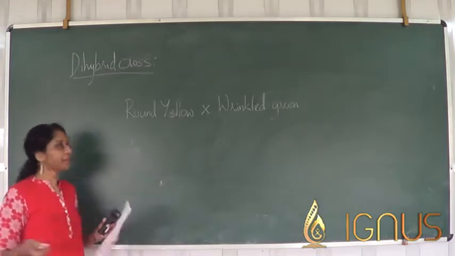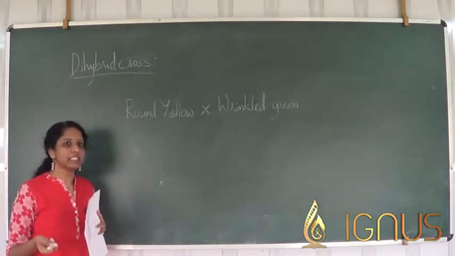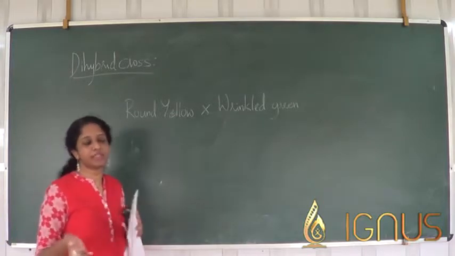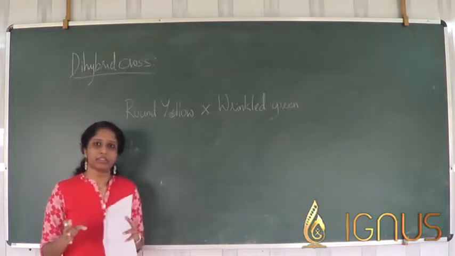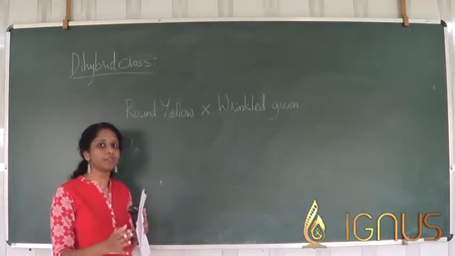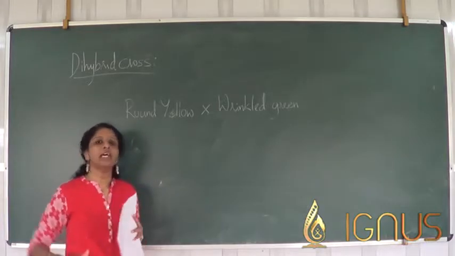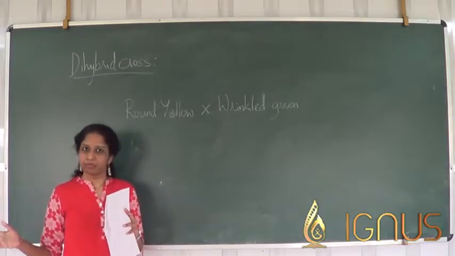The next topic that we will be talking about is dihybrid cross. Dihybrid cross in its principle is very similar to monohybrid cross, that you're going to take one character pure breeding plant with one specific phenotype in mind and then cross it with another pure breeding plant with the opposing phenotype.